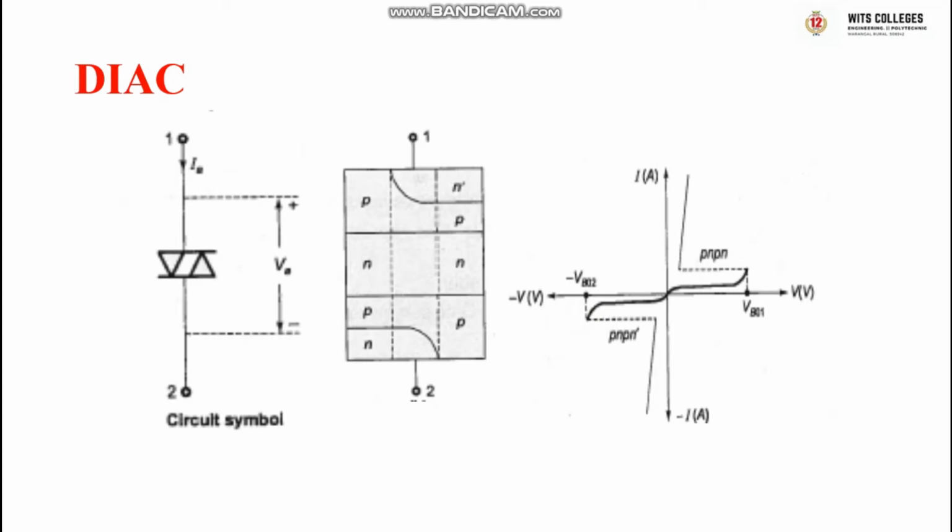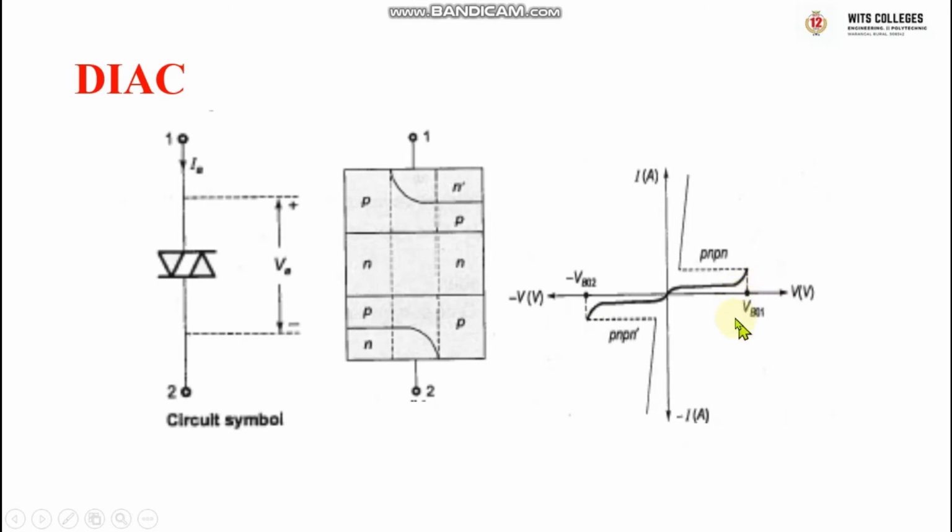So when terminal 1 is positive with respect to 2, the layers PNPN start conducting when the voltage of T1 is more than the breakover voltage VBO1 during the first quadrant operation.